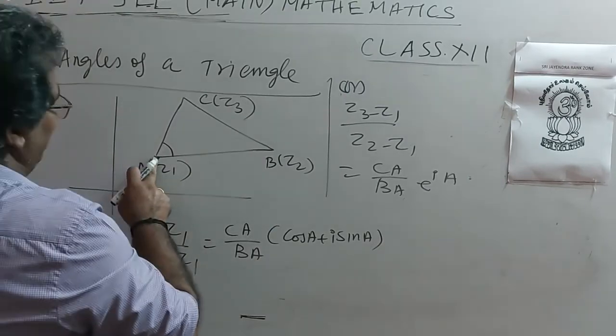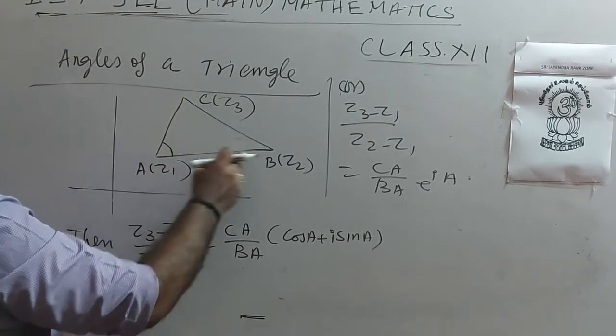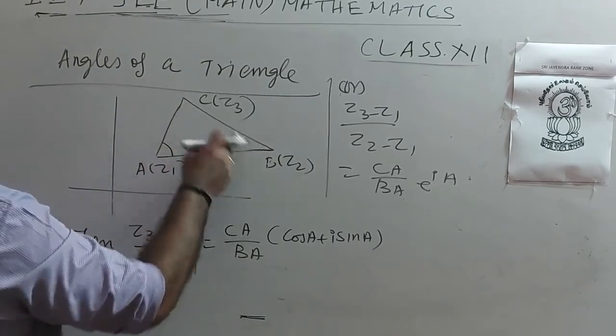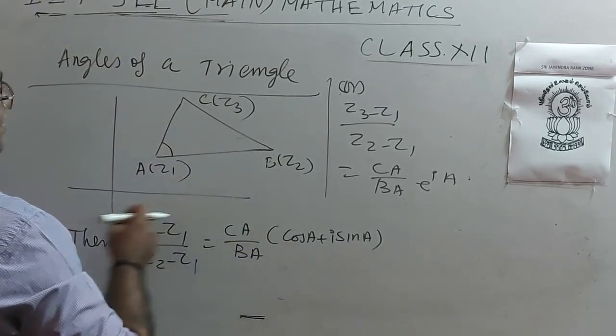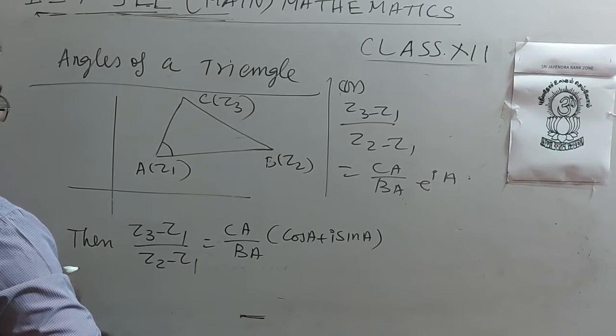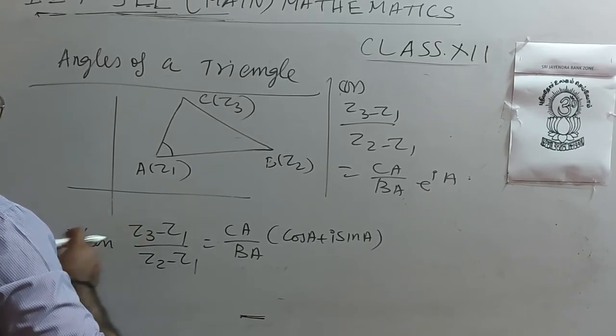If we take angle A, Z3 minus Z1 by Z2 minus Z1 is equal to CA by BA into cos A plus i sin A. Then we take the anti-clockwise direction.